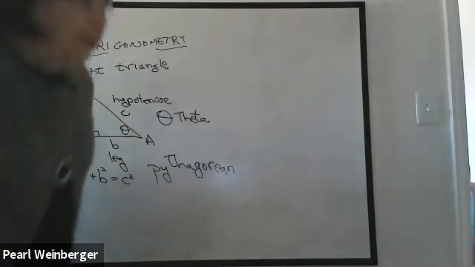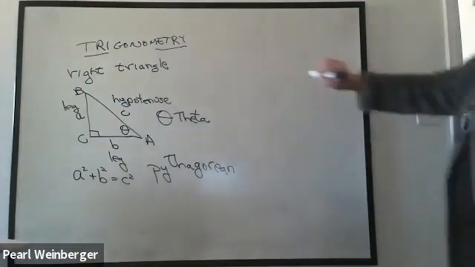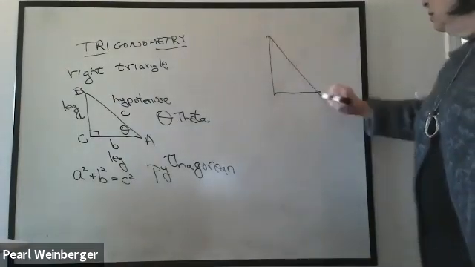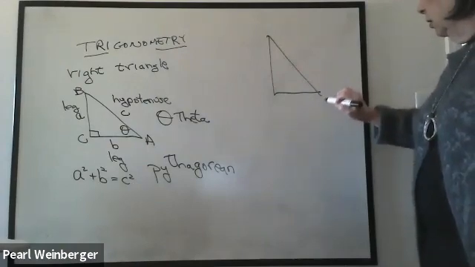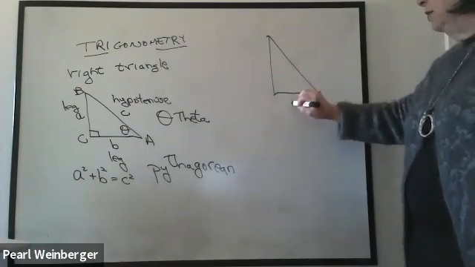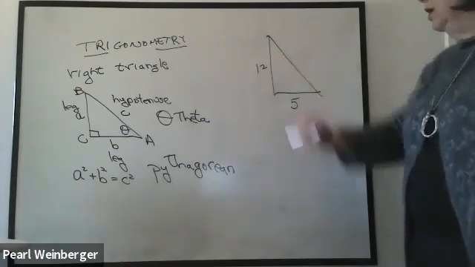So let's talk about how we use this Pythagorean theorem. Let's say I have a triangle that looks like this. And suppose I tell you that this side is 5 and this side is 12.